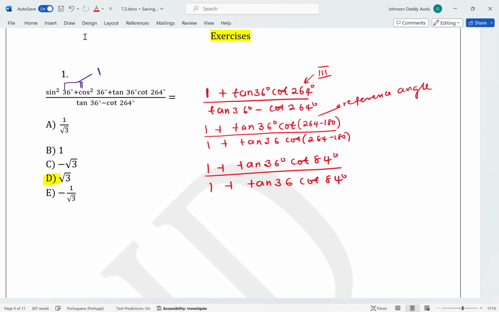All right, so with this now, we can apply the cofunction identity to bring everything to tan. No, I don't have 1 here, careful. What I have here is tan. The denominator is tan 36 degrees minus.